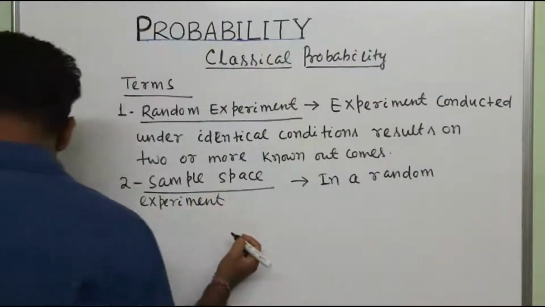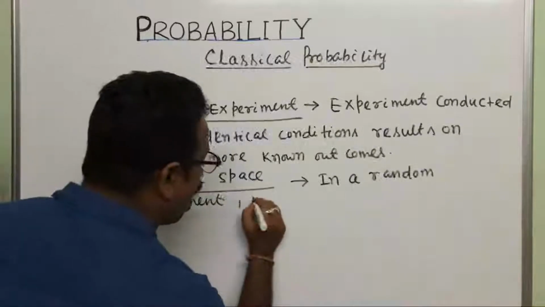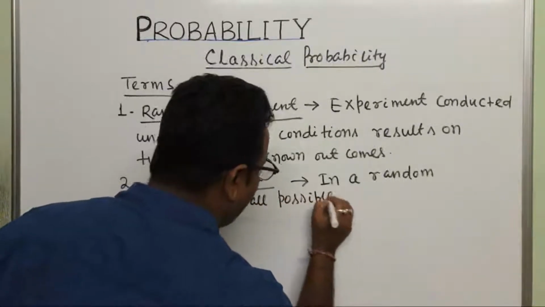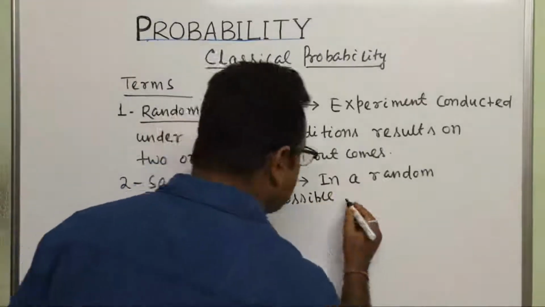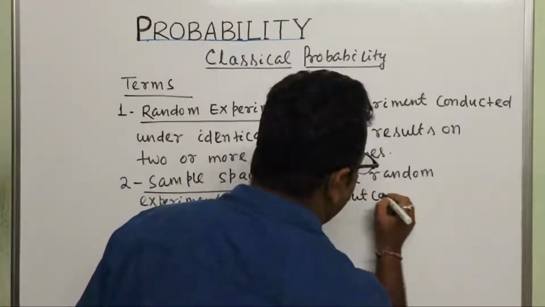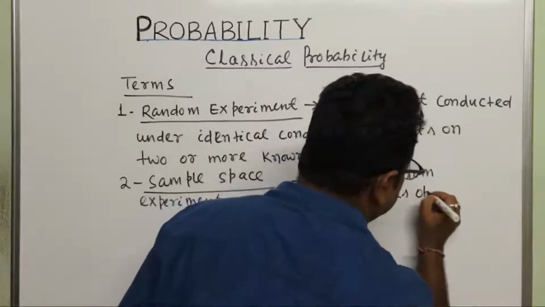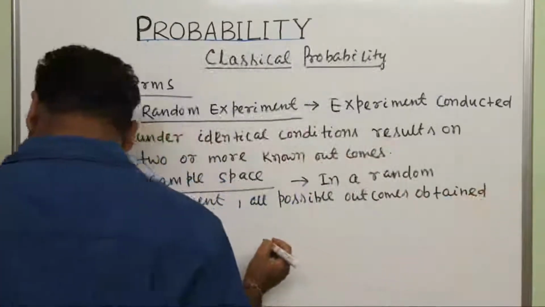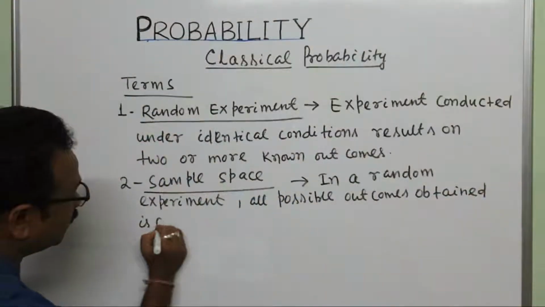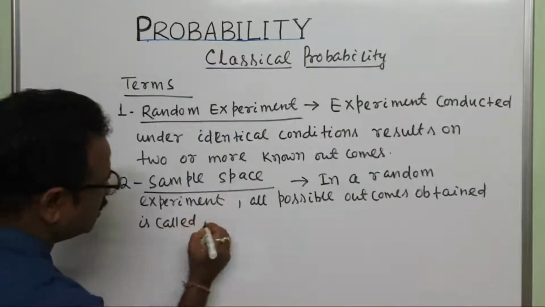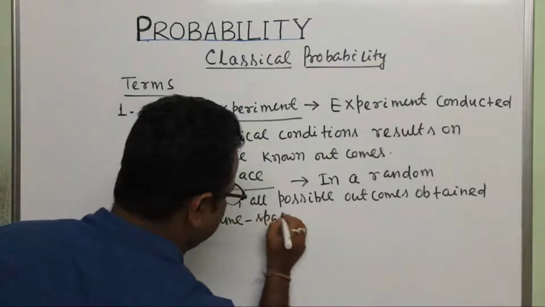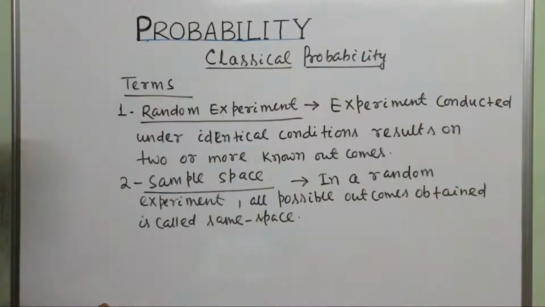In a random experiment, all possible outcomes obtained is called sample space. It's called sample space.